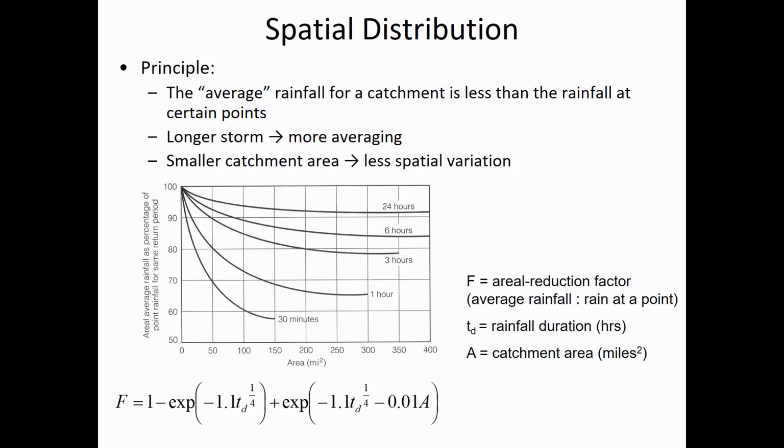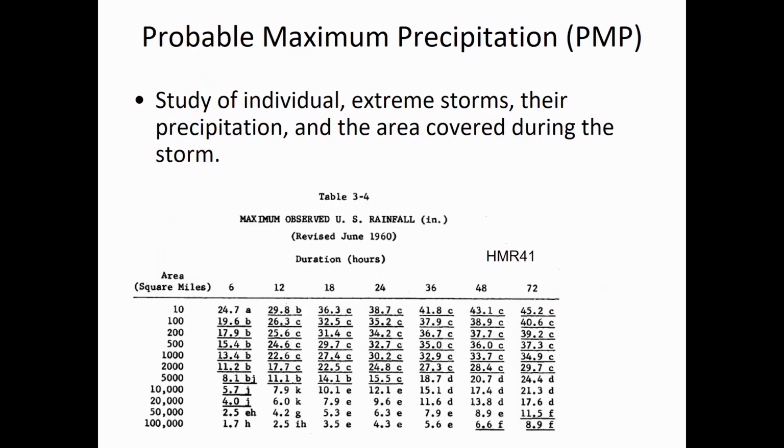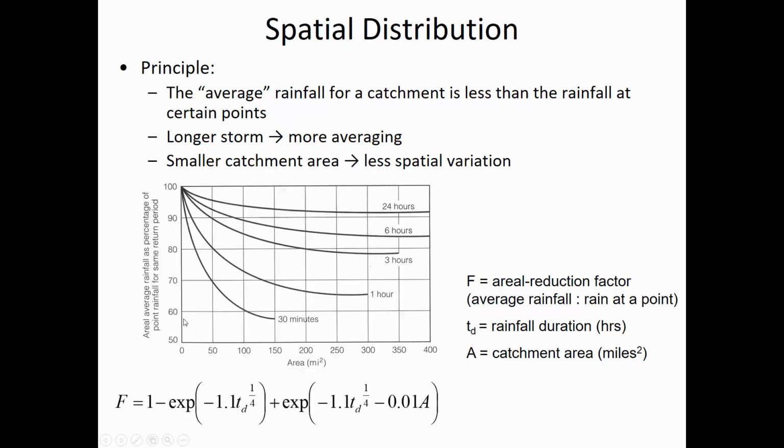This is a graph that shows a statistical technique that can be used to generate your own data. This table is for just a discrete number of hours and a discrete number of watershed areas. This function, which is in your text, shows you how, as the watershed gets bigger, the percent of the maximum rainfall you'd see at a single point is averaged out to that larger area.